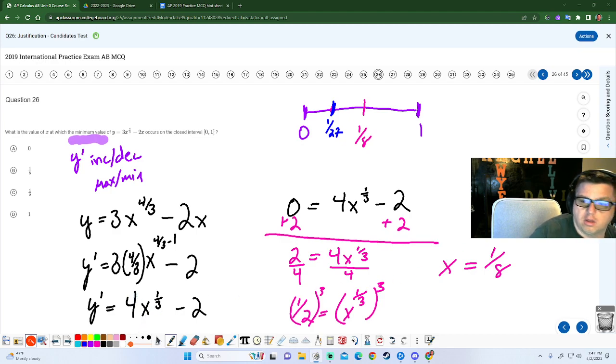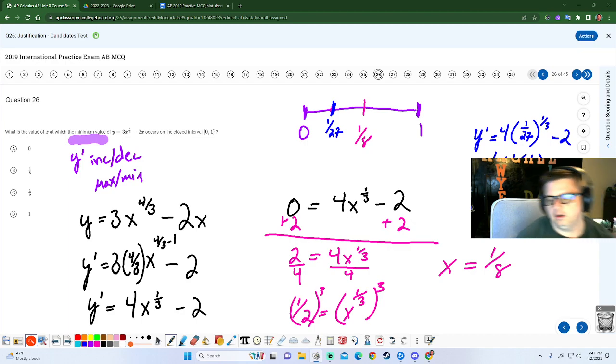So y prime equals 4 times 1/27 to the 1/3 power minus 2. That's going to give us 4 times 1/3, minus 2, so 4/3 take away 2.